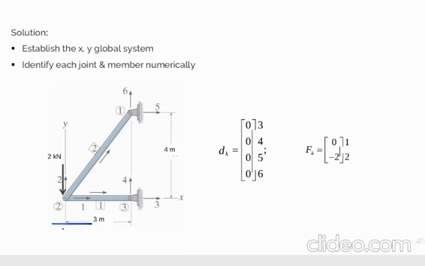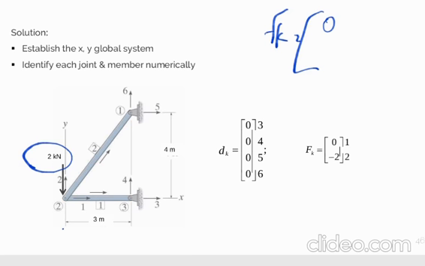So we have this force applied on joint number 2, and the FK is in the X direction, starting with the X direction first. We don't have any force applied on the truss, so it will be 0. And also we have 2 kN, kilonewton, applied in the Y direction.